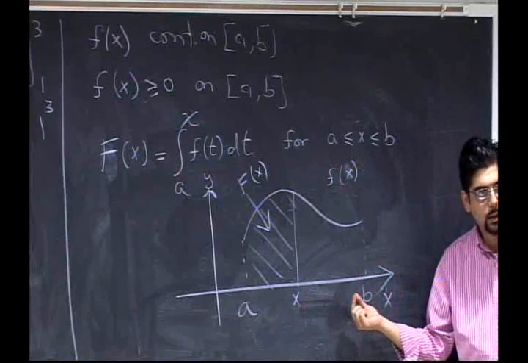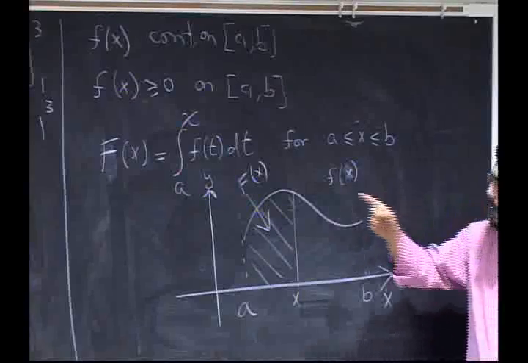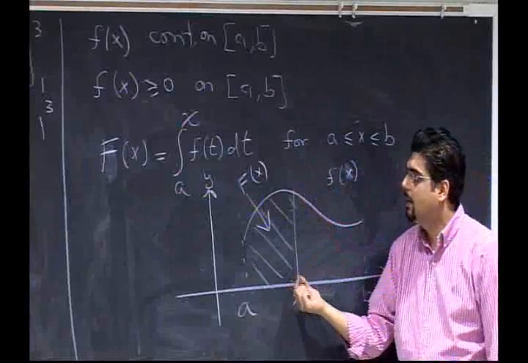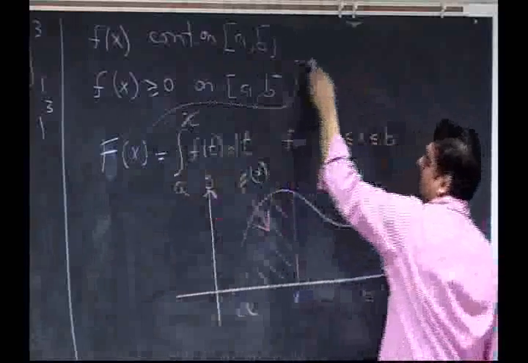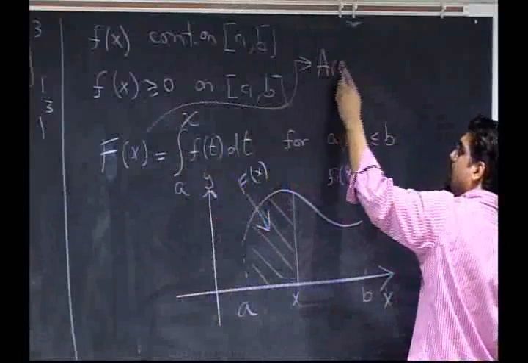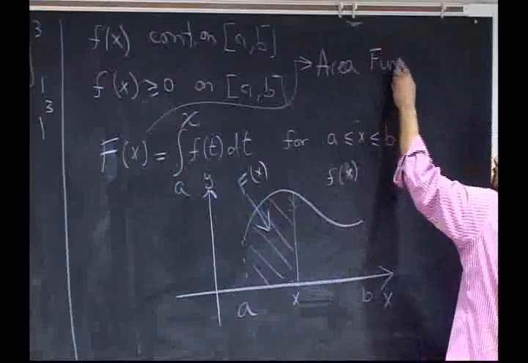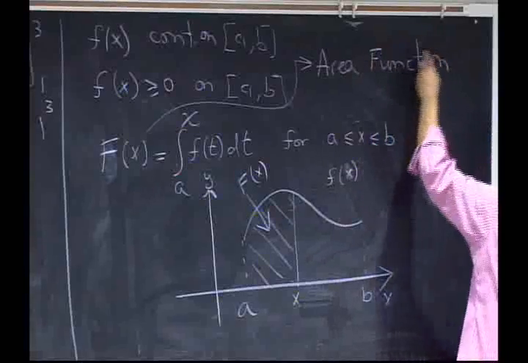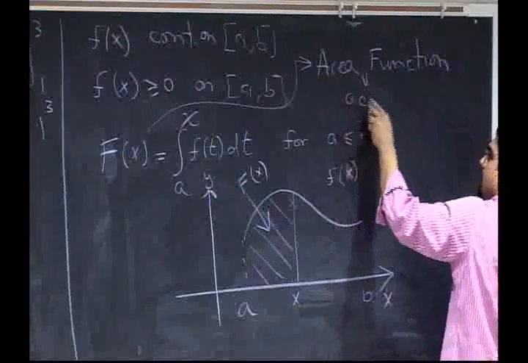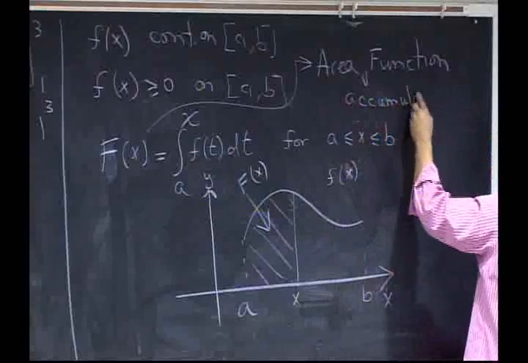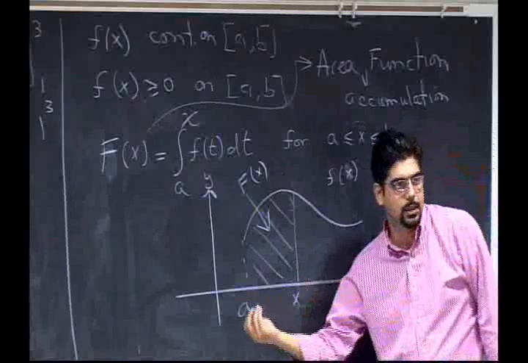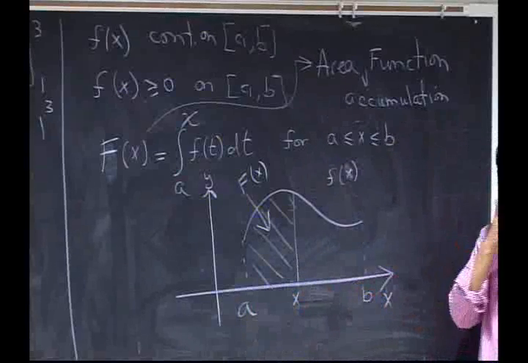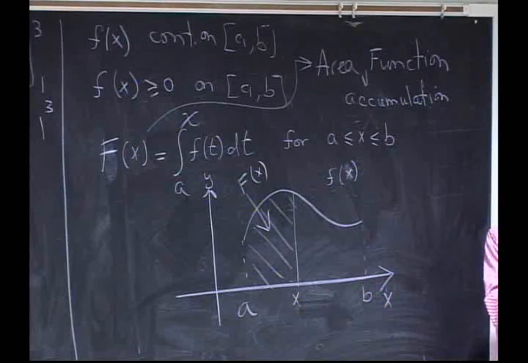So you can think of this as an area function, or an area accumulation function, because as x changes, area accumulates if x goes from left to right. Does that make sense?